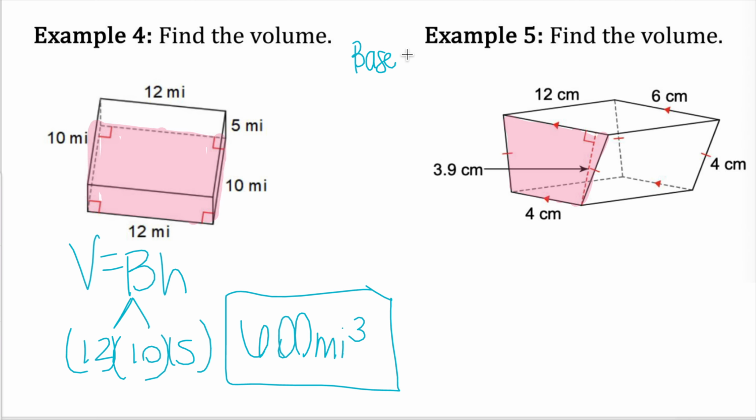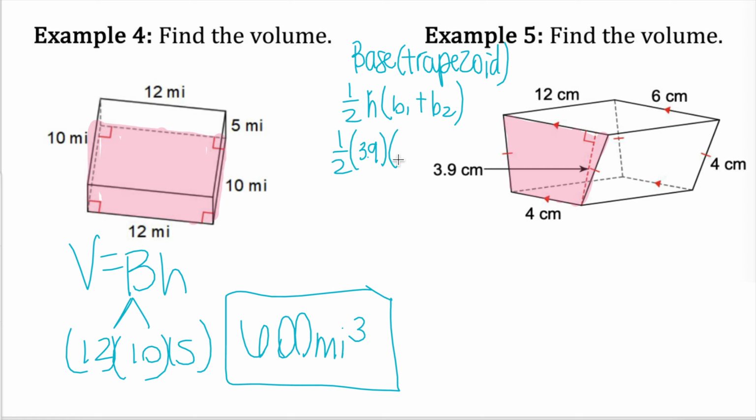So the base, which is a trapezoid, can be found if I take 1/2 of the height times the sum of base 1 and base 2. So 1/2 of my height of a trapezoid is 3.9, and then base 1 plus base 2 would be 4 plus 6. So that's 1/2 times 3.9 times 4 plus 6, which would be 10. I got 19.5 for the area of the base.